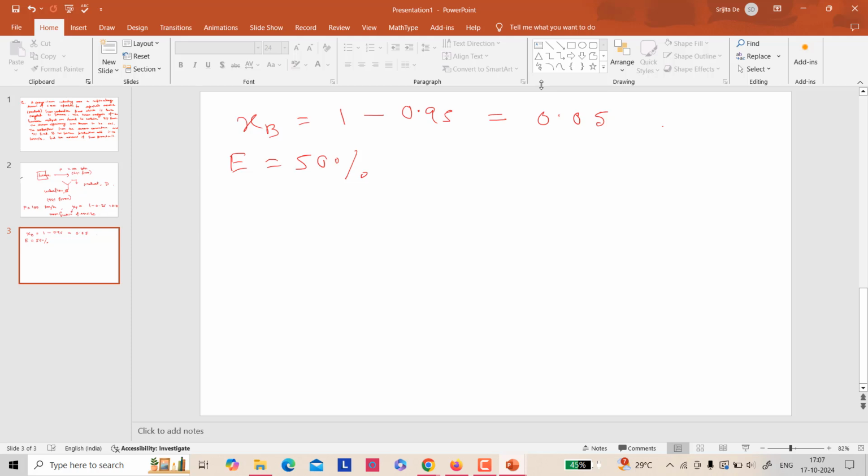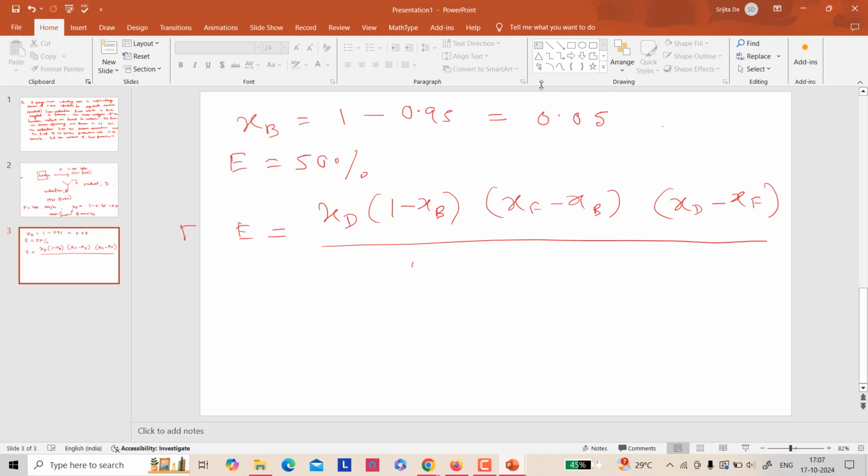So now what is the overall screen effectiveness formula? E = (xd - xf)(1 - xb)(xf - xb) / [xf(1 - xf)(xd - xb)] whole square.